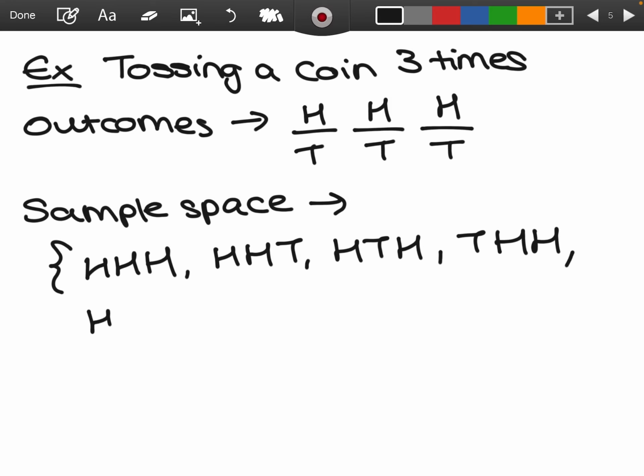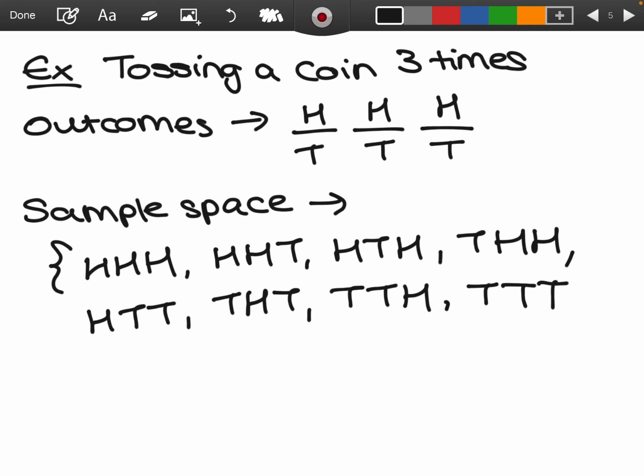And then I could have heads, tails, tails; tails, heads, tails; tails, tails, heads. So that's all the possibilities where I've got 1 head. And then I can have tails, tails, tails, where I've got no heads. And that's all 8 possibilities. So that is the set of outcomes that form my sample space.